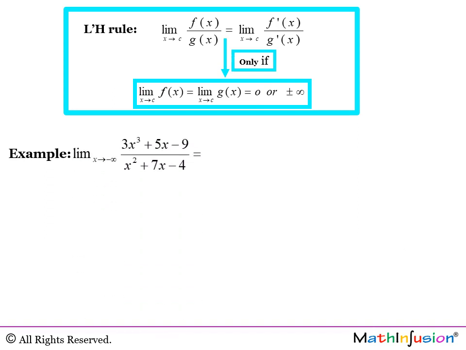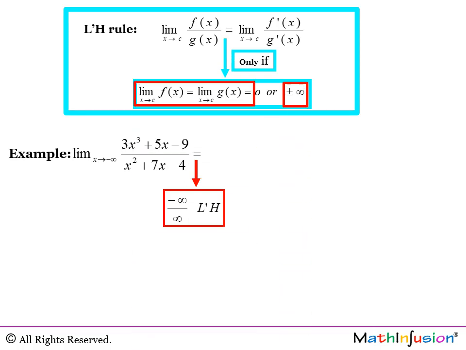Example. The limit now of this rational function when x approaches negative infinity. We see that the form here is negative infinity over infinity. It is negative infinity on top because you have x cubed, and it's infinity because you have x to the power of 2.